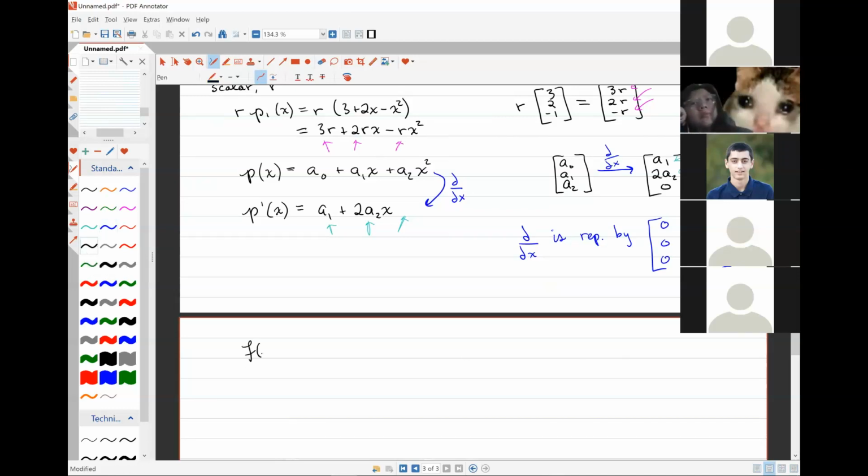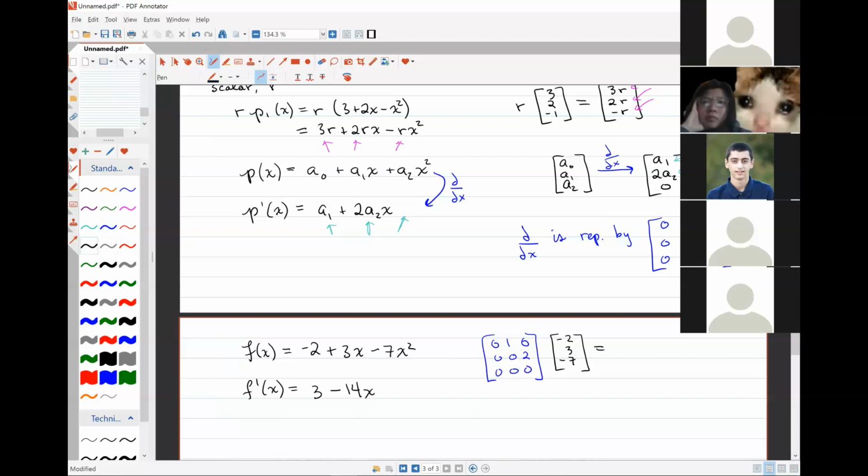So let's take a polynomial f of x equal to minus 2 plus 3x minus 7x squared. We know the derivative of this, f prime of x, is 3 minus 14x. And playing along, I'm going to take the vector version of this, so minus 2, 3, and negative 7, and multiply it by that matrix that I wrote down earlier.